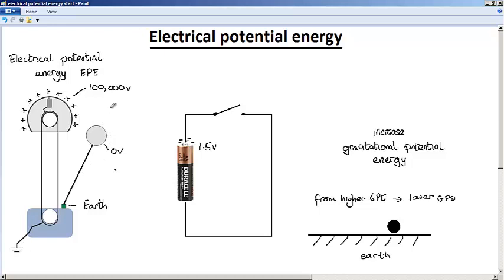What I have done now is I've created an electrical potential difference, and it is the electrical potential difference which will make the charges move, and they will move always from a higher electrical potential to a lower electrical potential, just like the cannonball moves from a higher gravitational potential energy to a lower gravitational potential.